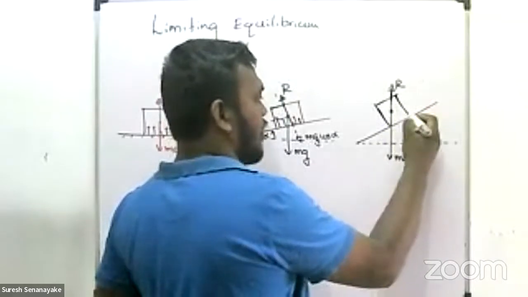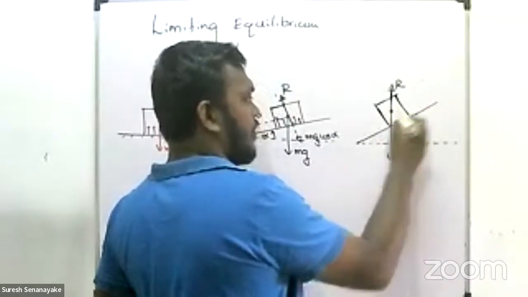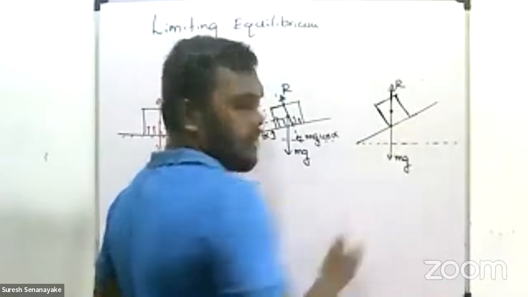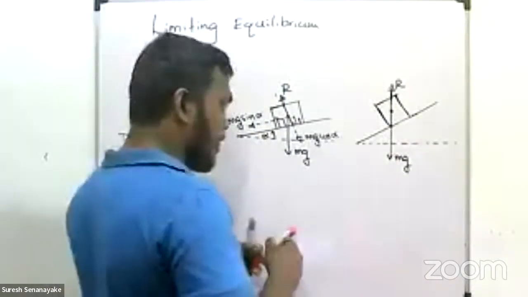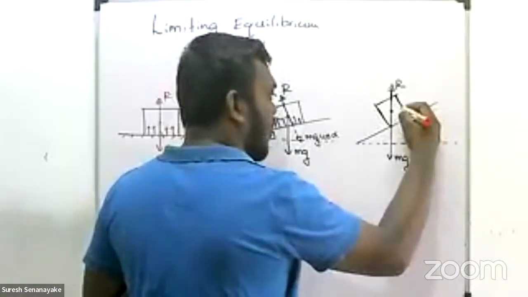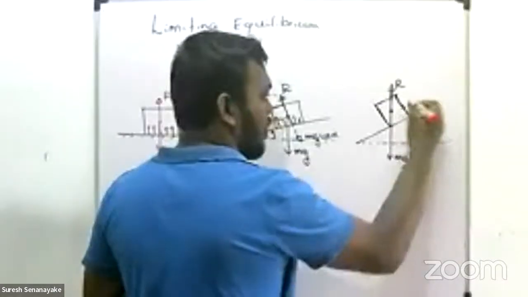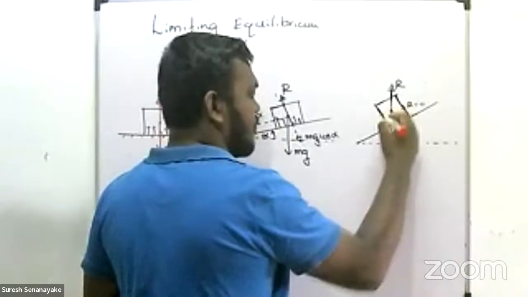The body touches the surface only at this point, so the normal force at the other point will be zero.